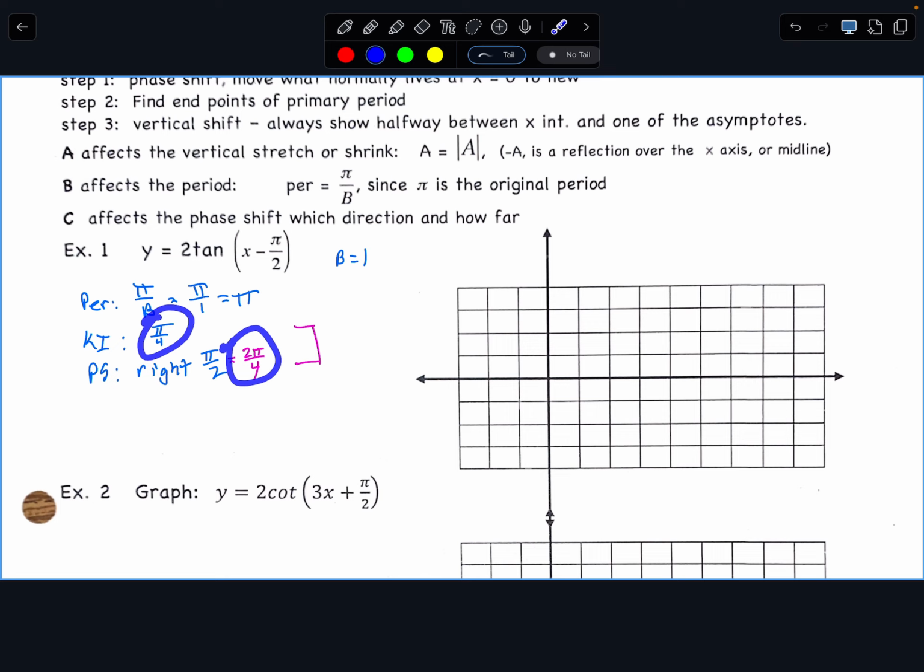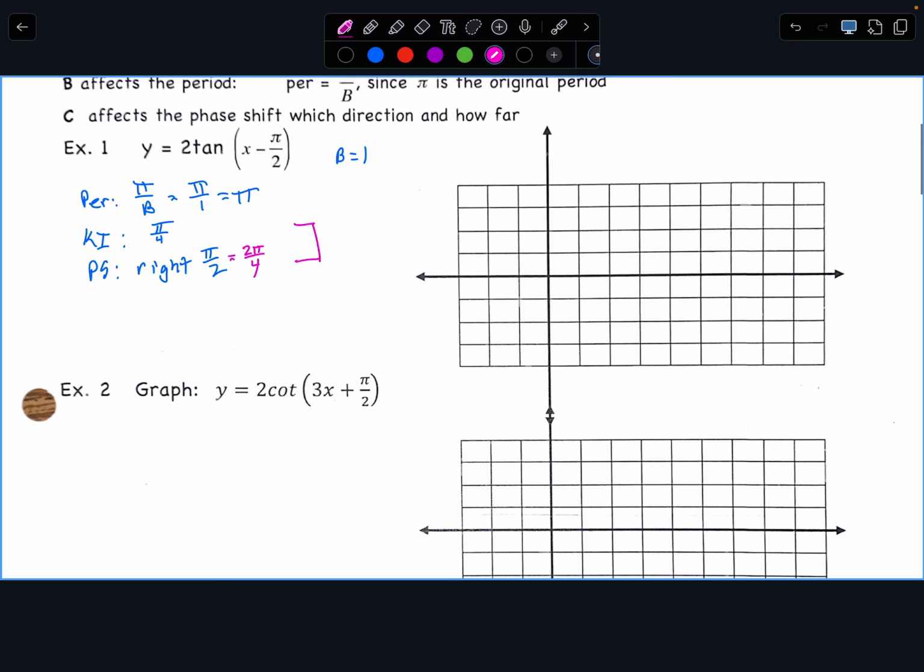It'll make it easy to shift to the right 2 sets of pi fourths. So my key increment will be how I'm going to grid this out. We'll be at pi fourths, and since it's tangent, I'm going to go 2 key increments to the right and 2 key increments to the left.